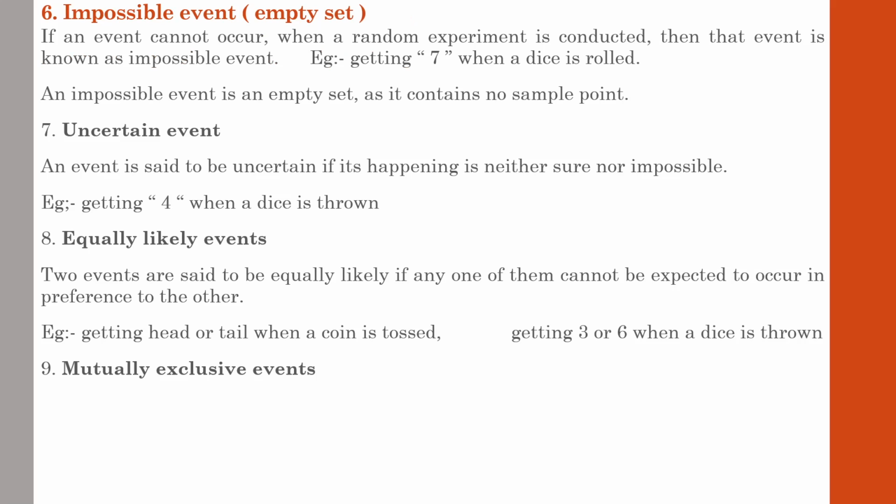Next one, mutually exclusive events. It is a quite familiar term which we have been using in our commerce areas. Mutually exclusive means if you have two or three options, these options have equal probability, or equal probability means equal requirement.